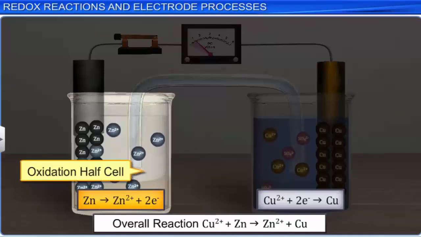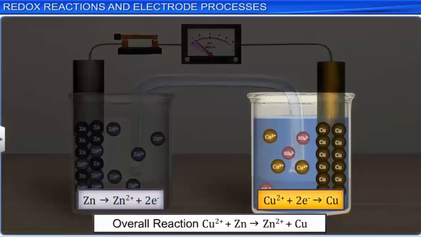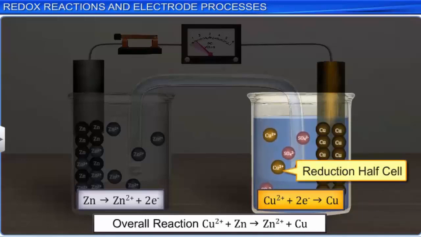The electrode at which oxidation takes place is called the anode. On the other hand, the beaker in which the copper rod is dipped in copper sulfate solution, where reduction of copper ions is taking place, is referred to as the reduction half cell. The electrode at which reduction takes place is called the cathode.